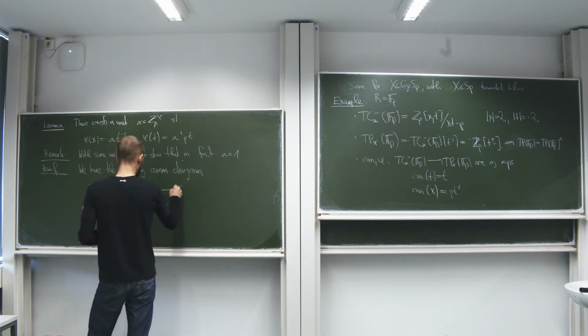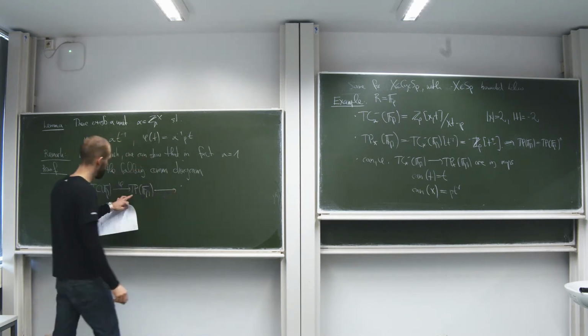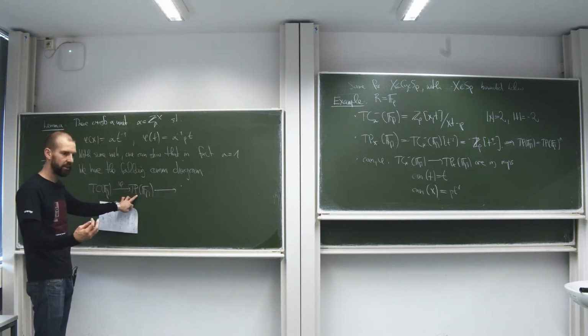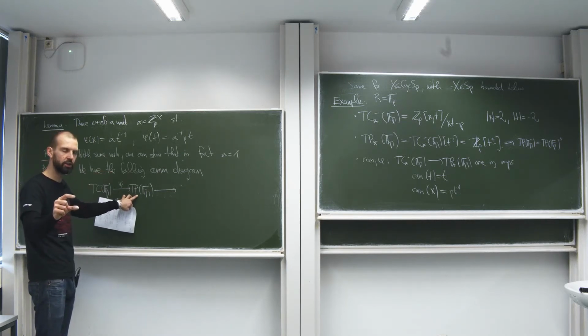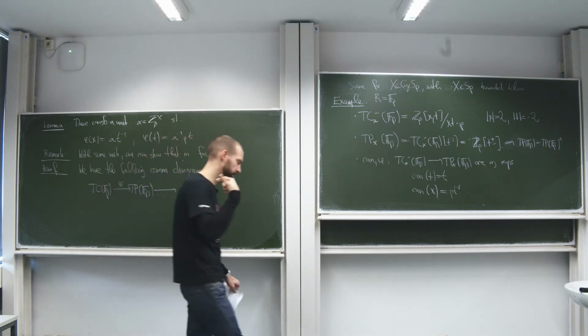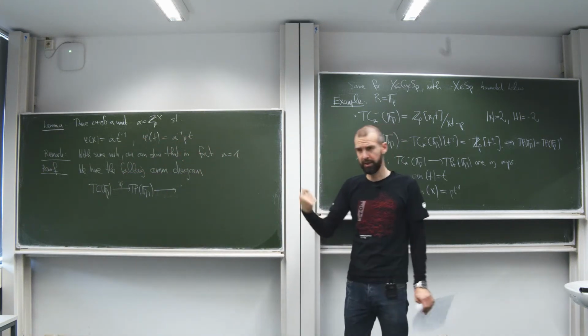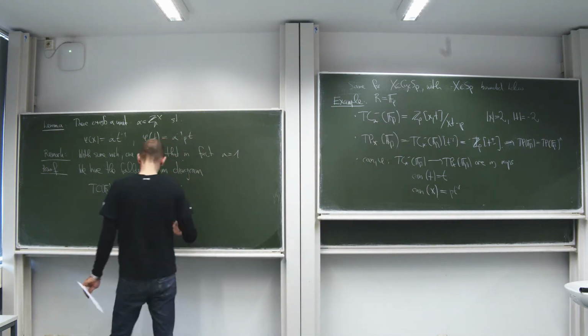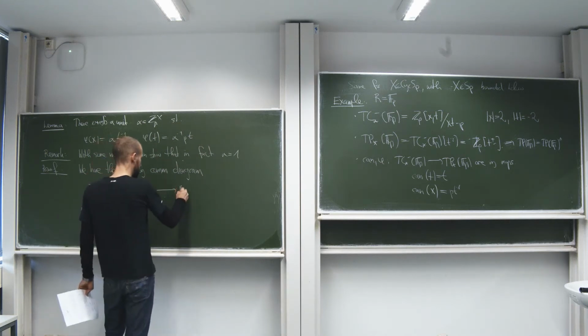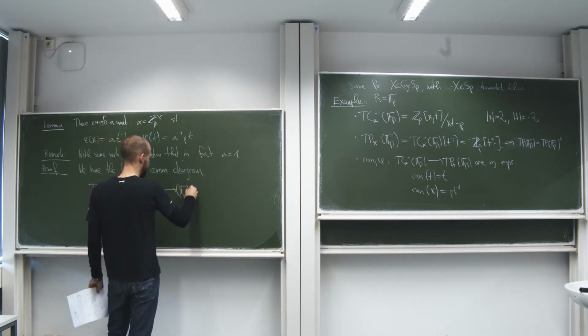And then I also have THH(F_p)^{tS^1}, and we have this map from THH(F_p) down to F_p, which came out of the fact that THH(F_p) was a colimit. It's basically F_p tensor T. So we have a map like this from F_p^{tT}.